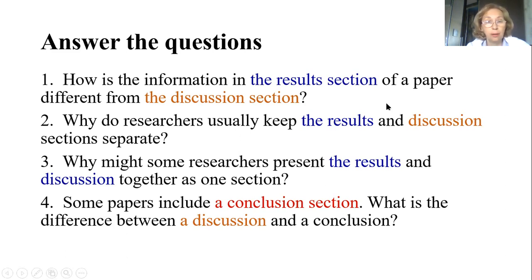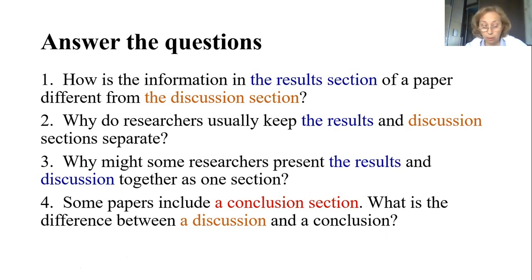Maybe about how these results will appear in real life, how it affects. The discussion section interprets the results. So it gives your opinion about the results. So it just explains what the results mean. So in the results section, we have this and that result, and in the discussion section, we explain the meaning of these results.